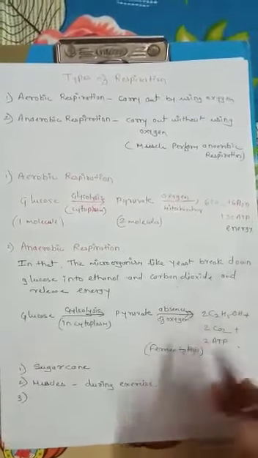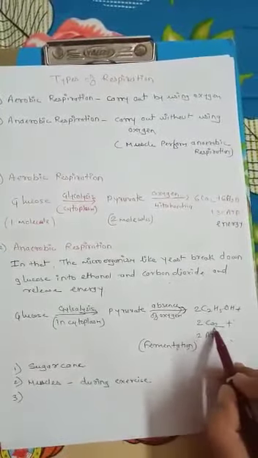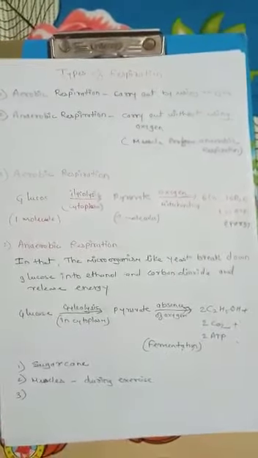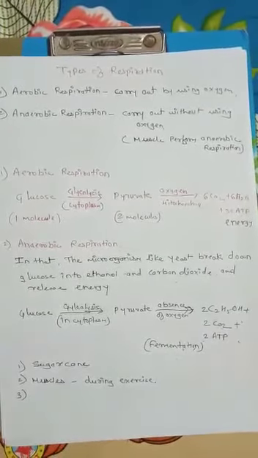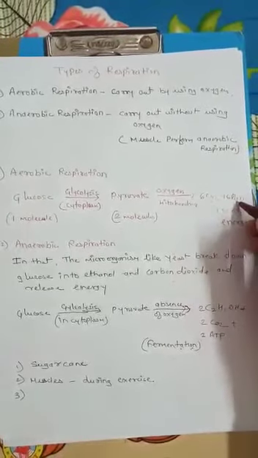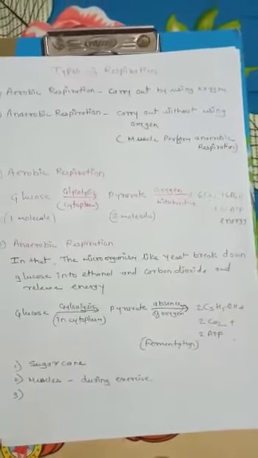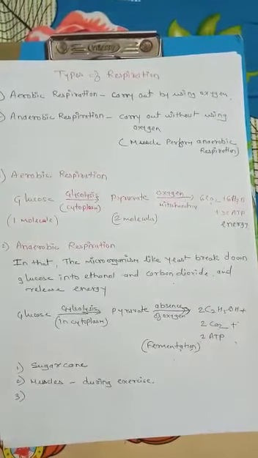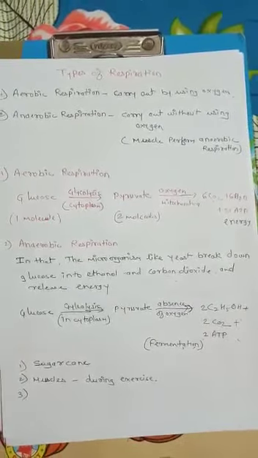In anaerobic respiration, there is a partial breakdown of food. Then the third point: the end products of aerobic respiration are carbon dioxide and water. The end products of anaerobic respiration may be ethanol and carbon dioxide.